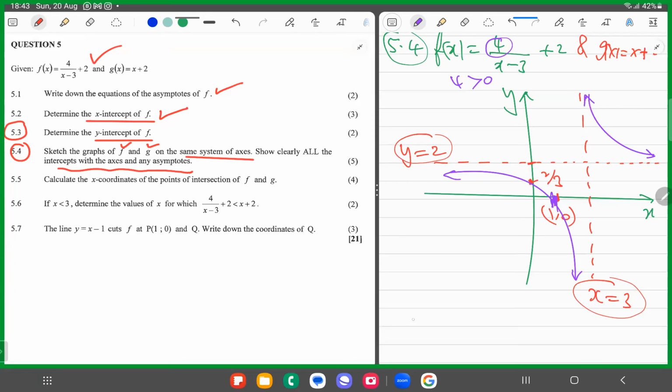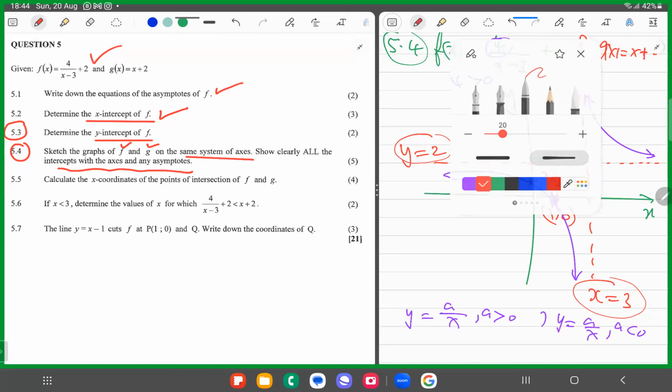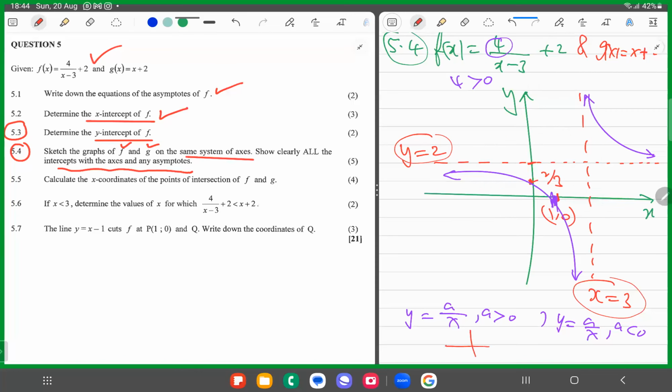There are two kinds of hyperbola graphs: one is y equals a divided by x where a is positive, and the other is y equals a divided by x where a is negative. What graphs do we get from positive and negative a? If a is positive, your graph is going to be in the first and the third quadrant.